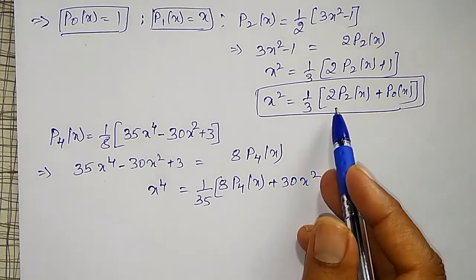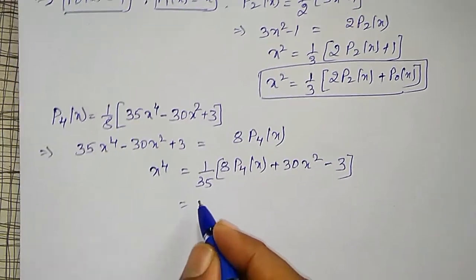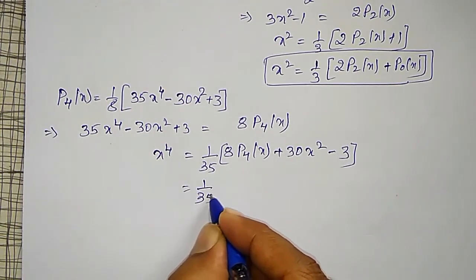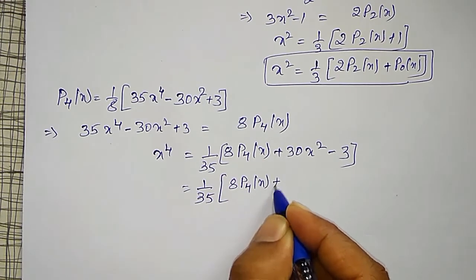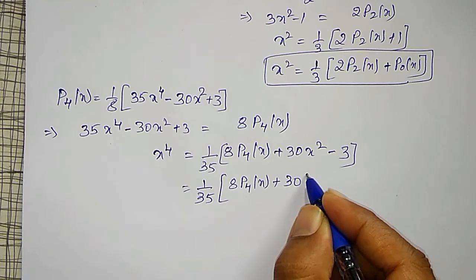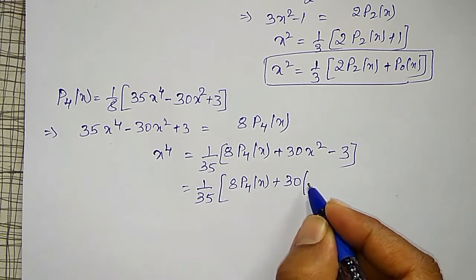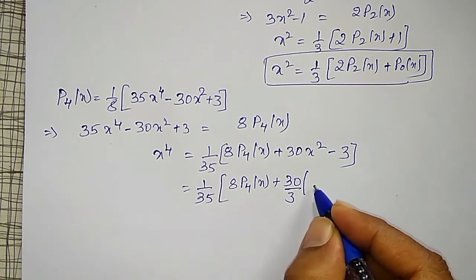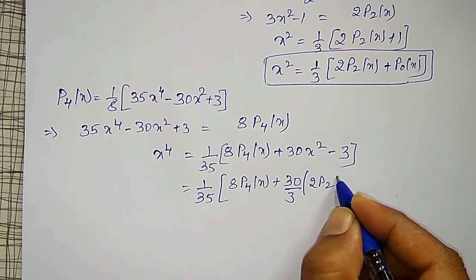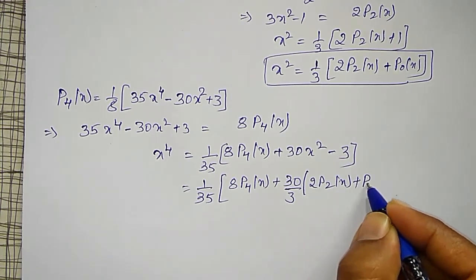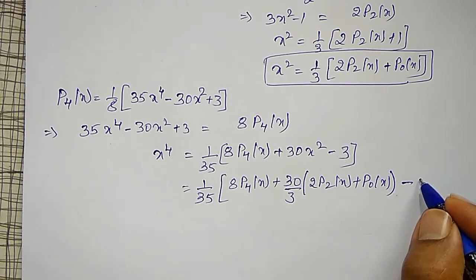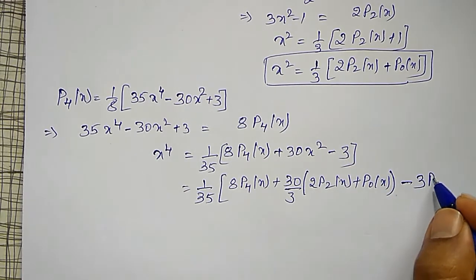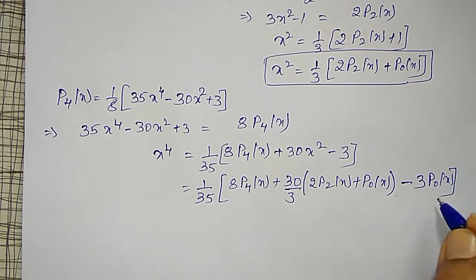But x square I have already explained, so substitute that. Therefore, 1 divided by 35 into 8 times P4 of x plus 30 times x square, where x square is again 1 by 3 times 2 P2 of x plus P naught of x, minus 3 times 1. I can write 1 as P naught of x.